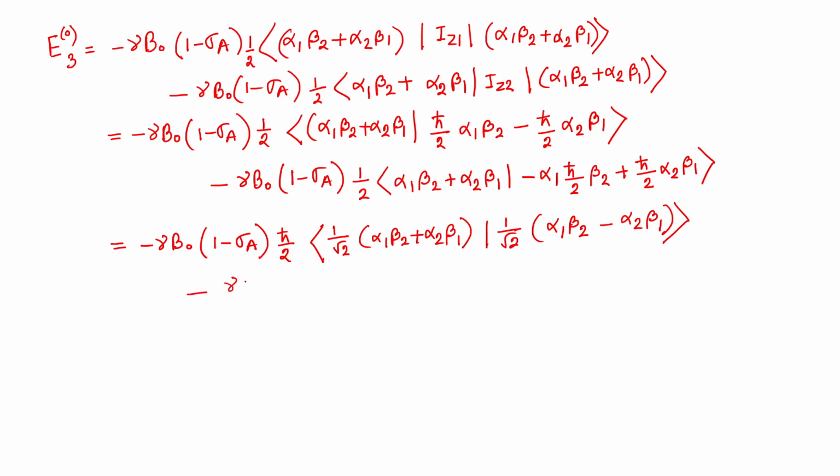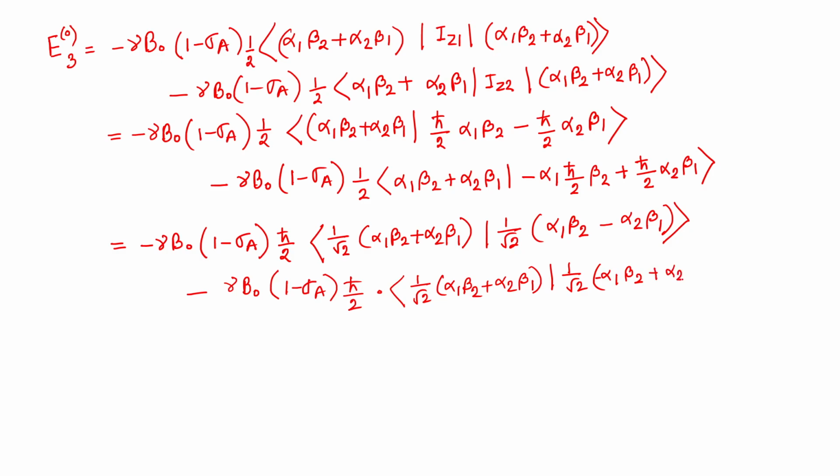Similarly, gamma B0 1 minus sigma A h cut by 2, 1 by root 2 alpha 1 beta 2 plus alpha 2 beta 1, and this side you have 1 by root 2 alpha 1 beta 2 minus, here plus, here alpha 2 beta 1.